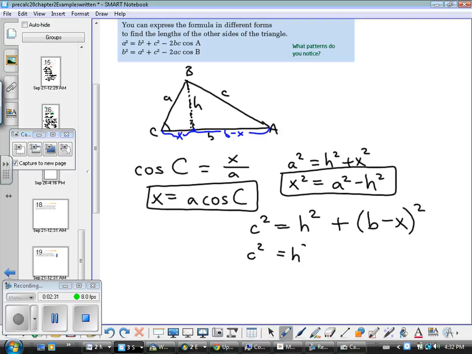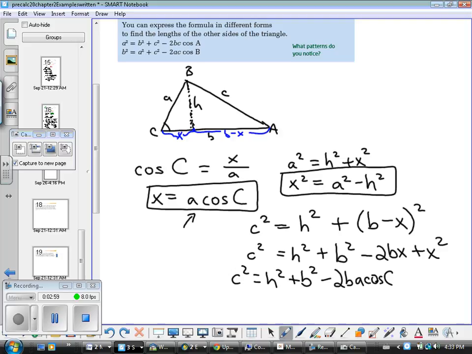So I'm just going to start by multiplying that through: B squared minus 2BX plus X squared. Again, I'm going to want to get rid of both the X and the X squared, so I'll substitute my expressions in for both of them. Instead of 2BX, I'm going to substitute 2ab cos C in there.